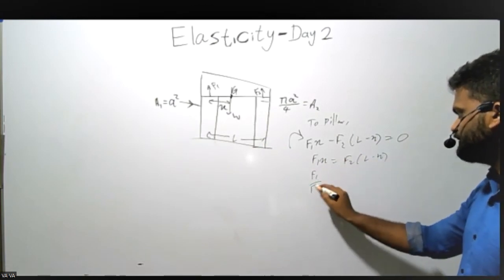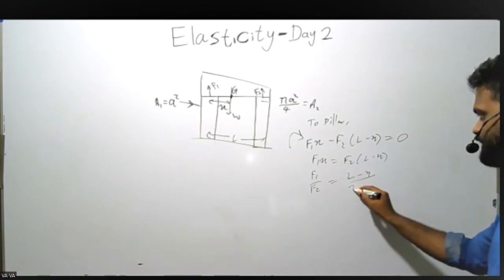Again, you have F1 divided by F2 equals L minus X divided by X.